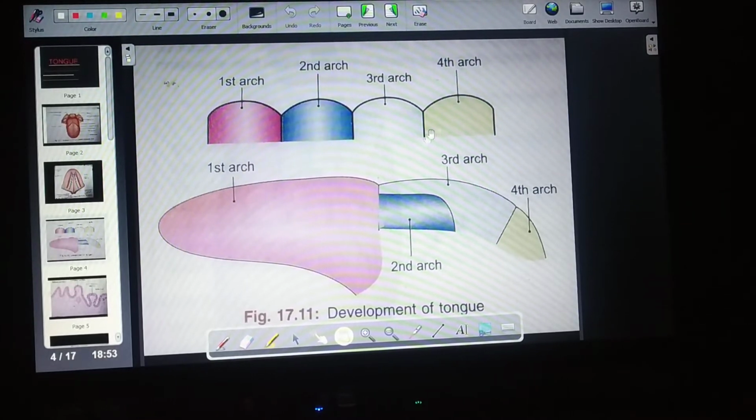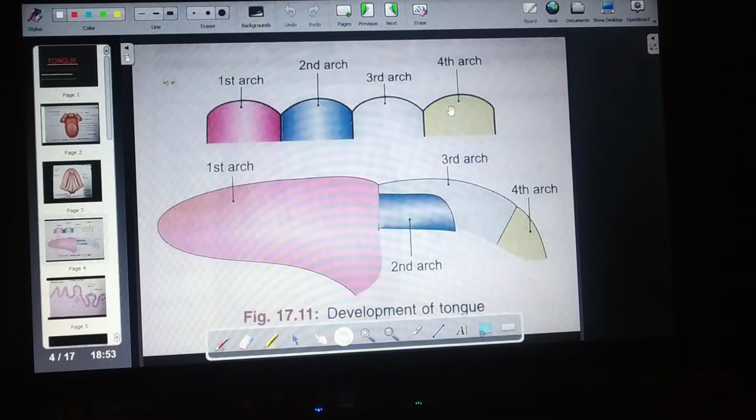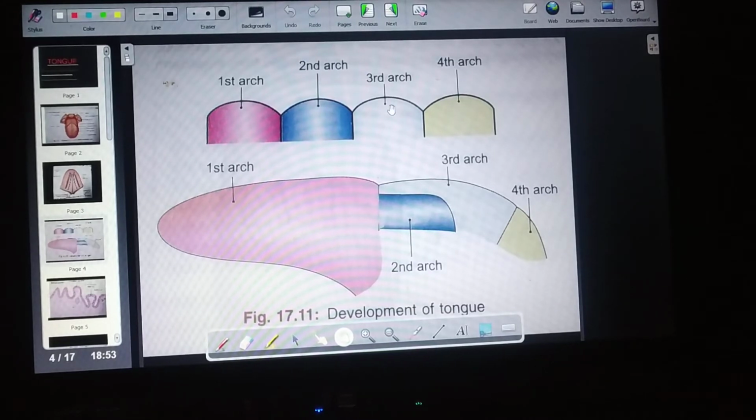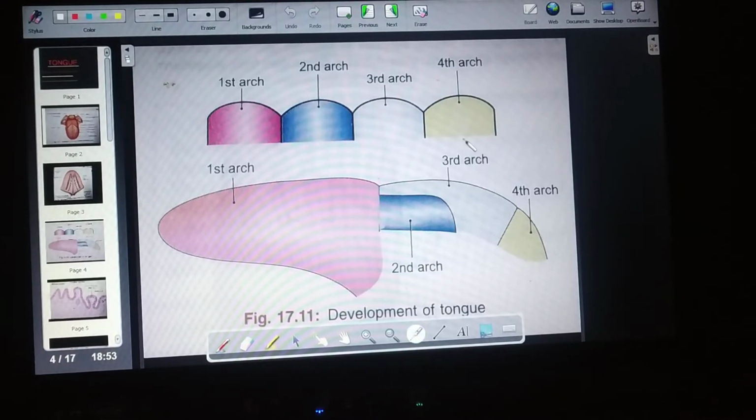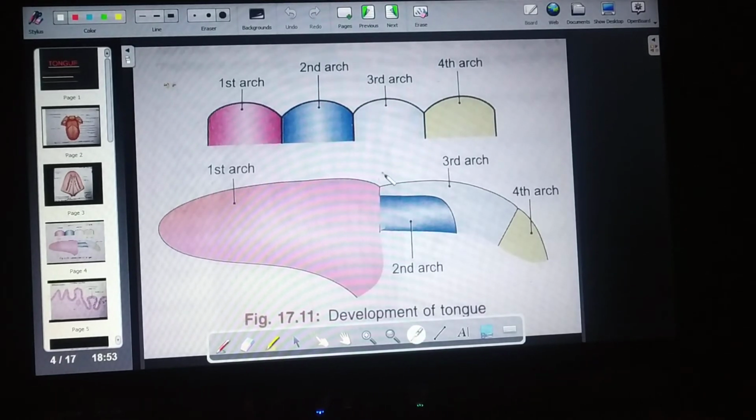In the fourth arch, there is the hypobranchial eminence. The hypobranchial eminence is divided into two parts. It elongates in the third as well as fourth branchial arches, and the third branchial arch forms the posterior 1/3 part of the tongue, while the fourth branchial arch forms the most posterior area of the tongue. So this is what I am telling you here.